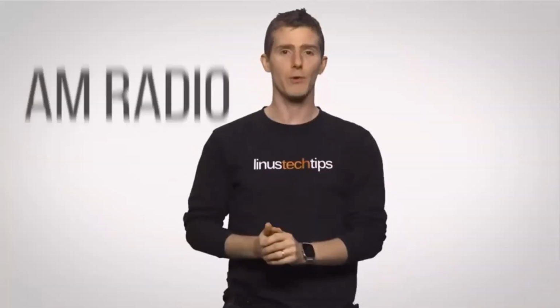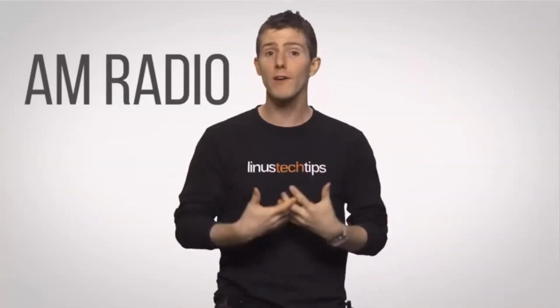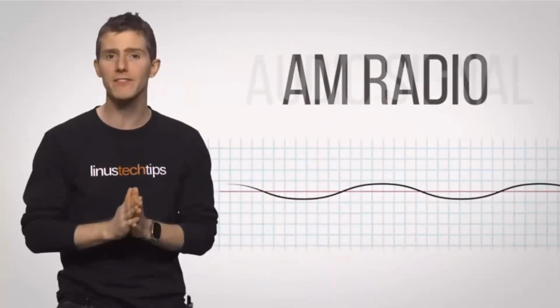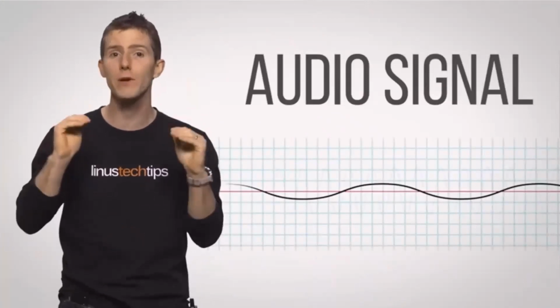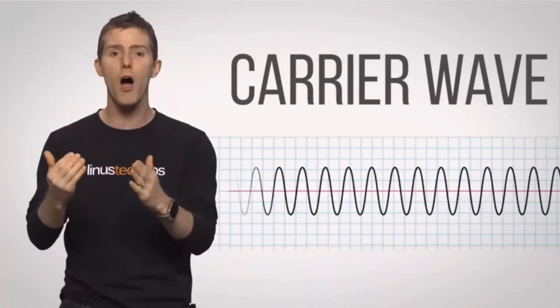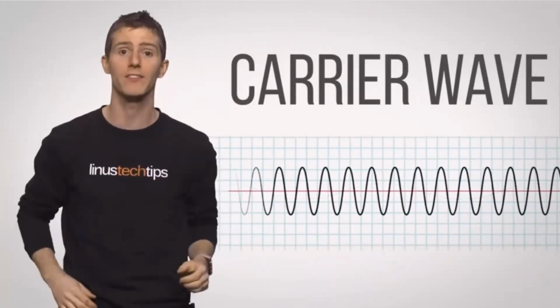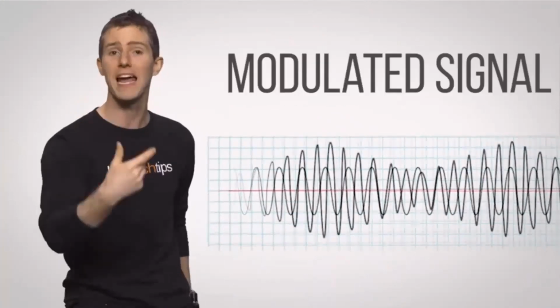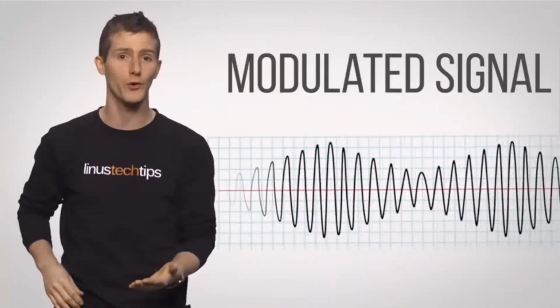Anyway. AM radio broadcasts showed up before FM, so we'll start with those. An AM station will broadcast a signal at a constant frequency, but will add the sound wave representing the actual audio to that base signal. It's also called a carrier wave, resulting in the height or amplitude of the wave changing accordingly.